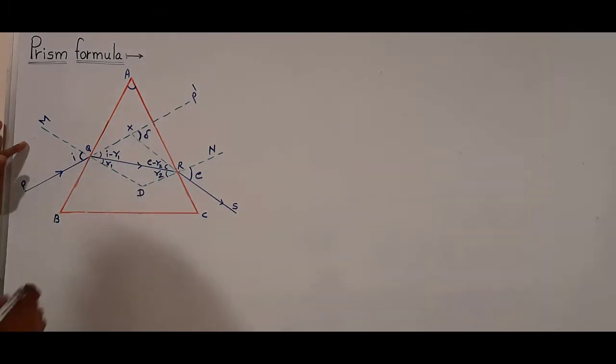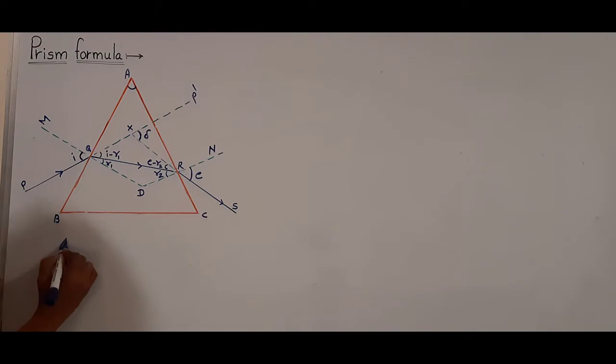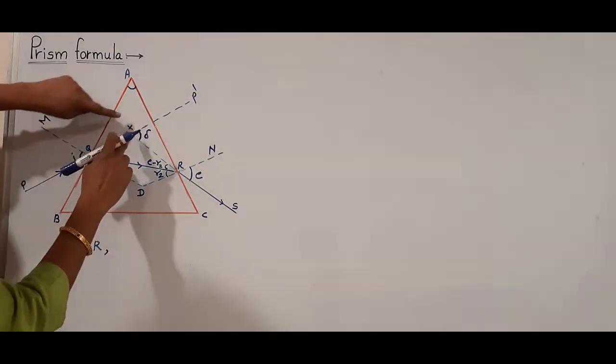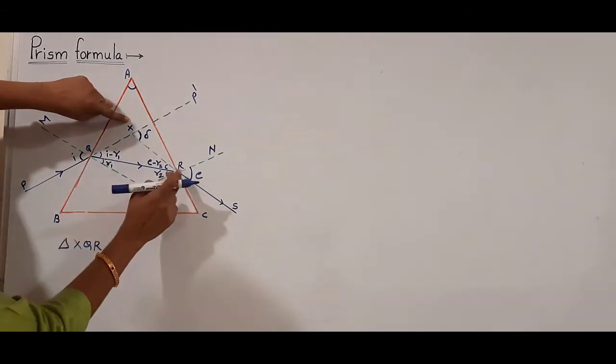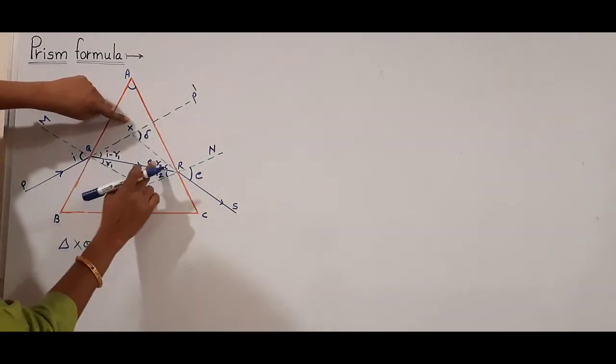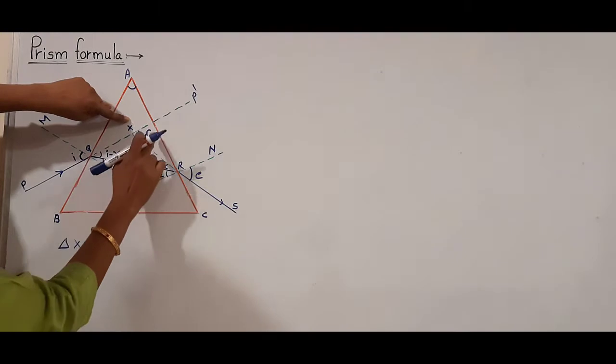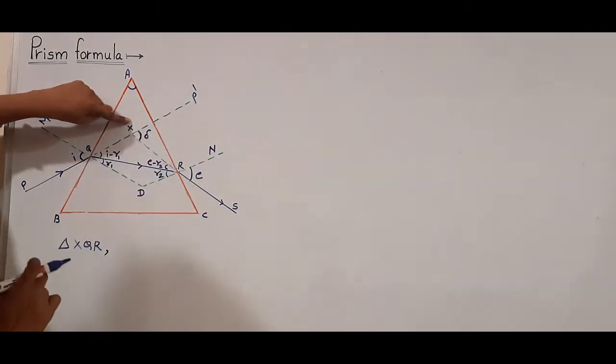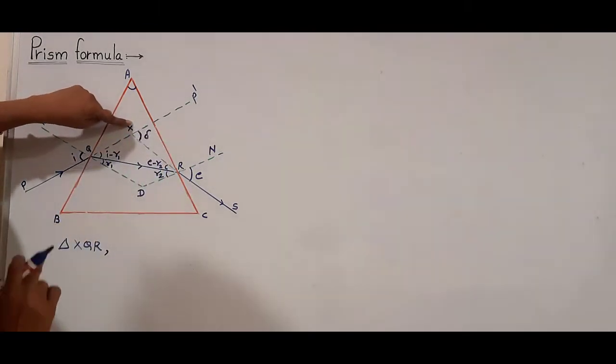Now consider a triangle XQR. In triangle XQR, the addition of these two angles is equal to delta by the exterior angle theorem.